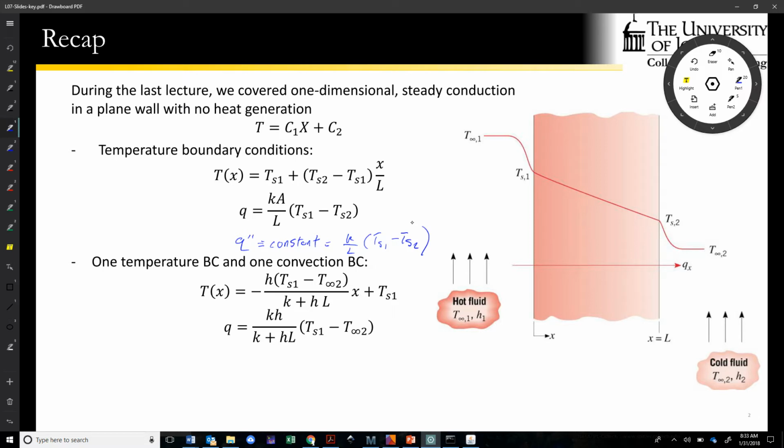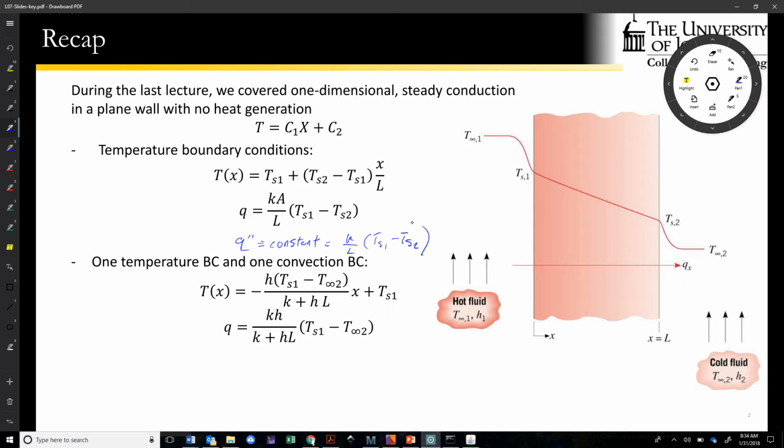In the case where we have one fixed temperature, let's say TS1 is known, but we don't know TS2, rather we know the air temperature on the second side, as well as information about that convective heat transfer. Okay, we need to know the temperature and the convective heat transfer coefficient.